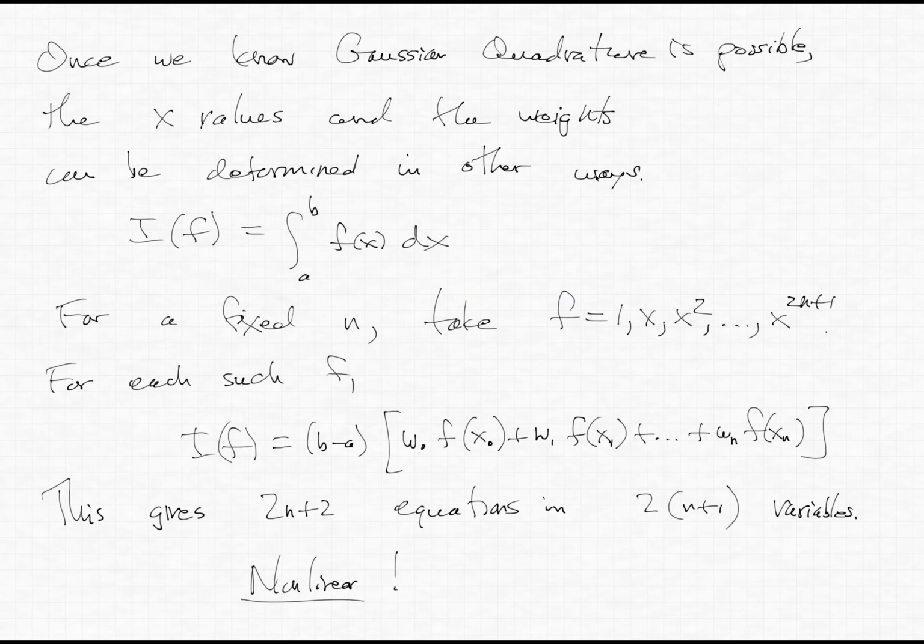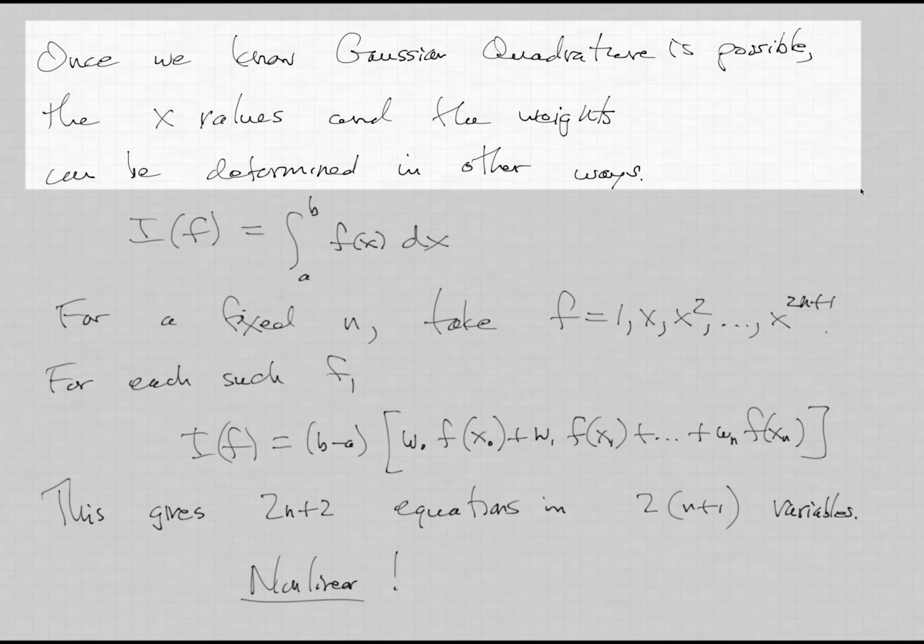Okay, let me point out one last thing. I used the Legendre polynomials, the theory of Legendre polynomials, to persuade you that Gaussian quadrature is possible, right? That it's possible to find sample values x0, x1, x2, up to xn, and weights, like in the previous case, the weights were 5/18, 8/18, and 5/18, right?